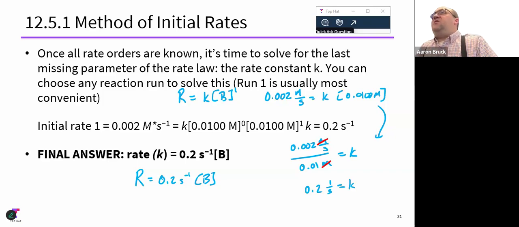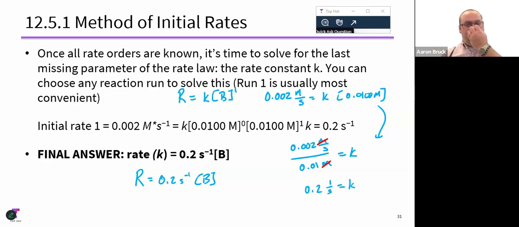Because since the rate is always going to be given to us in molar concentration per second, the unit for the rate constant is always going to be such that it matches whatever number of molar concentrations it has to be multiplied by.